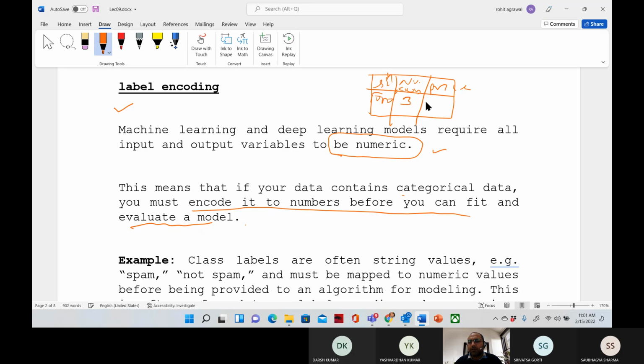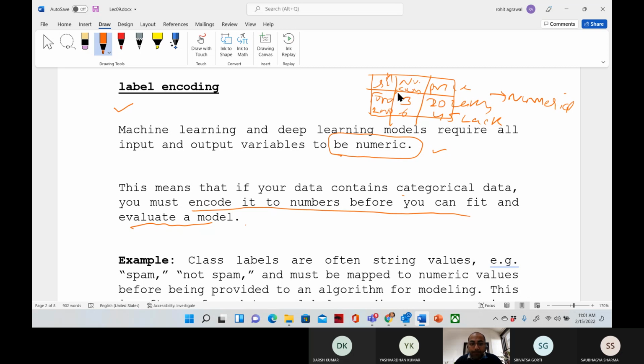Number of rooms 3, price is 20 lakh. Square feet area 2000, number of rooms 6, price is 45 lakh. So this data is numeric. The price is the output data and the square feet area and the number of rooms are the input data.